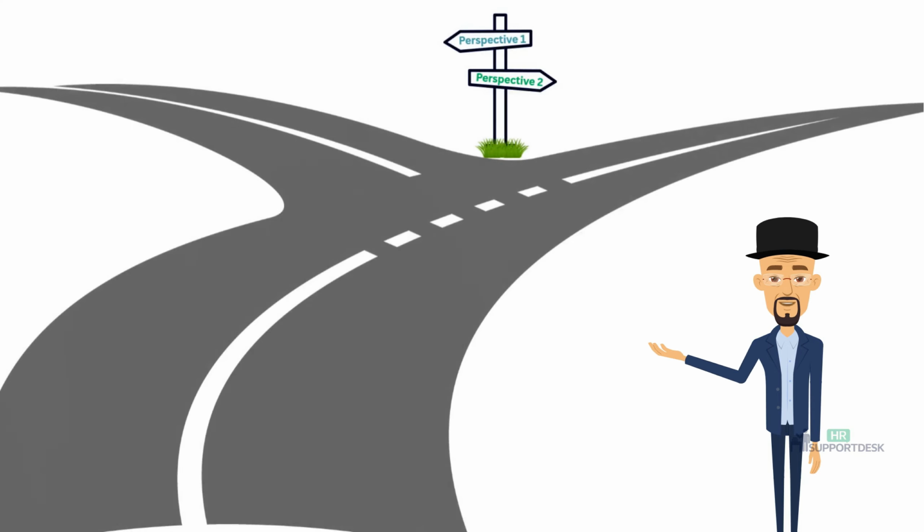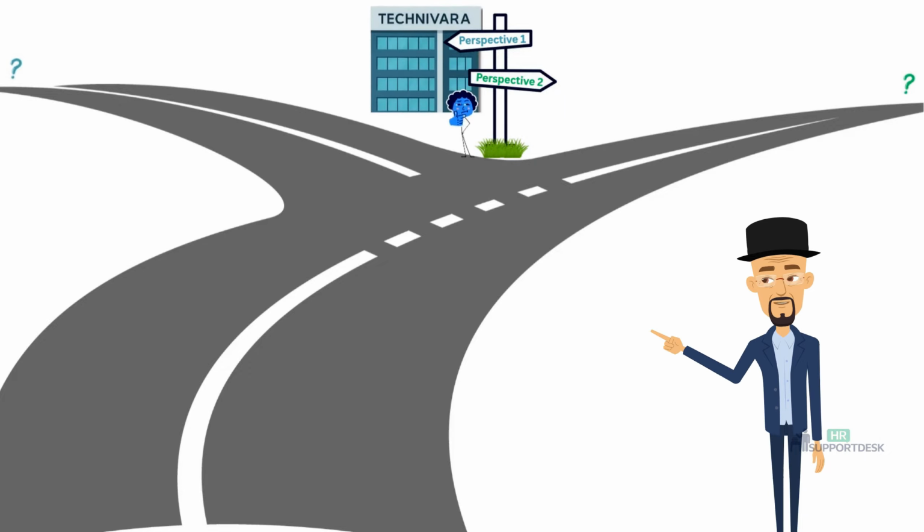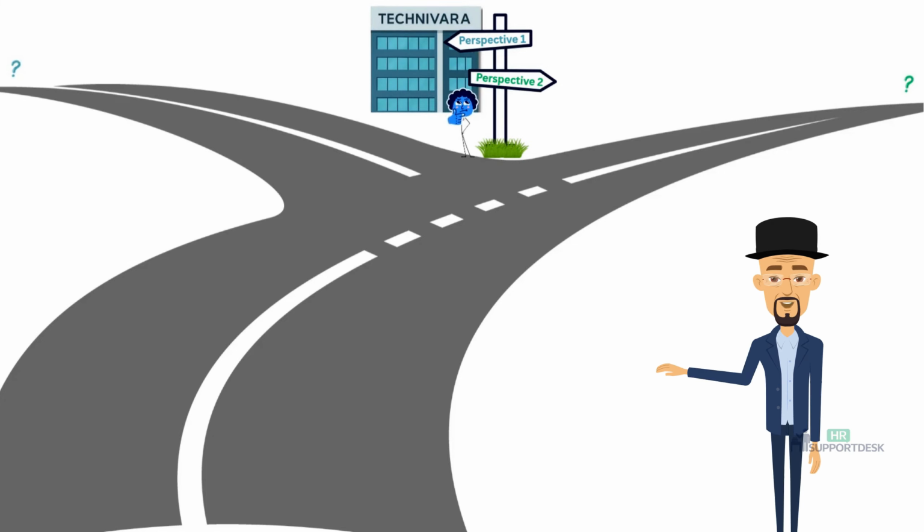Ethical perspectives become important because they influence how managers make decisions, treat employees, and respond to workplace challenges. But to what extent? Answering this question is particularly important in advising Technivara on the need for evidence-based practice and applying ethical decision-making.